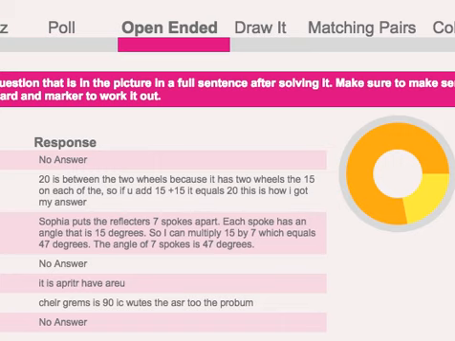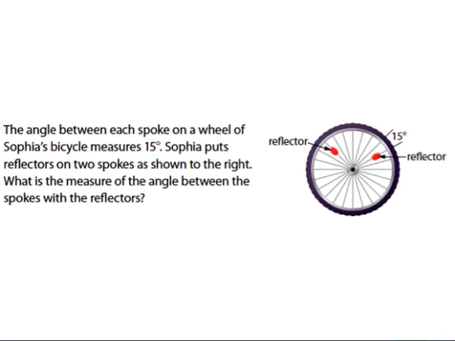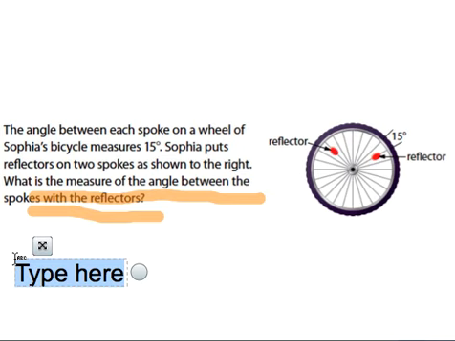When you are answering a word problem in a full sentence, you need to be answering the question of the problem. And we know that the question for this problem is what is the measure of the angle between the spokes with the reflectors?